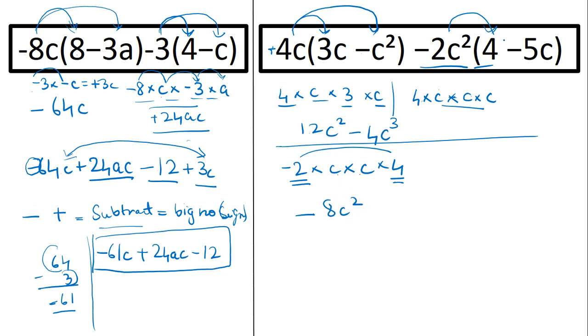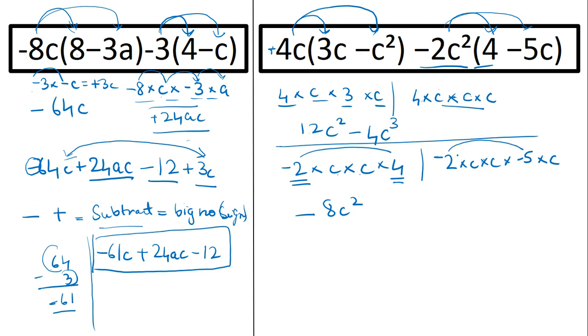Now the next thing, minus 2c squared with minus 5c. Now again, I have a minus 2 times c, another c, because outside I have c squared, which means I have 2 c's, and then on the inside I have a negative 5 and a positive c. So multiplied with a negative 5 and another c. Now again, I'm going to be doing 2 times 5.